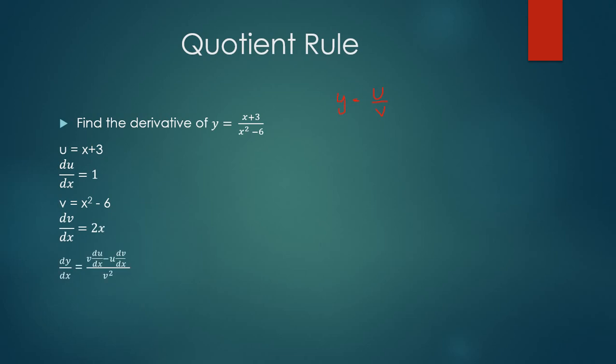Now just a reminder, the quotient rule says dy by dx is equal to v times du by dx minus u times dv by dx, all divided by v squared. Now once again, as before with the product rule, once we're at this stage, it's just substitution. So substituting gives us that, and then we simplify.